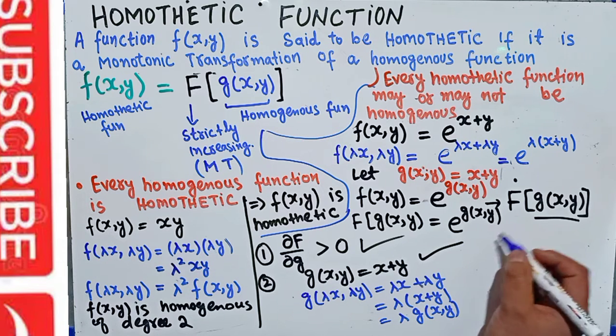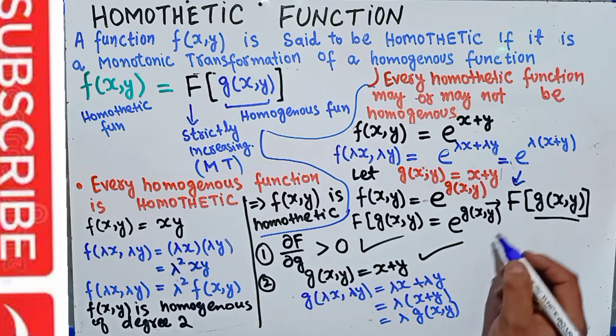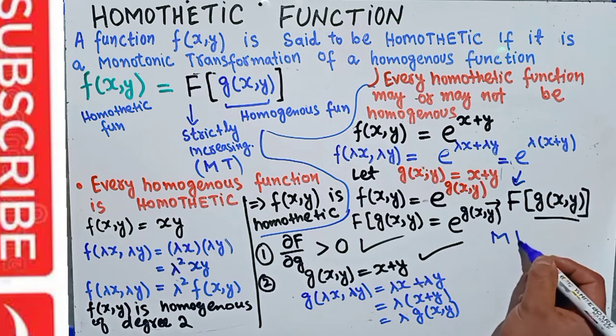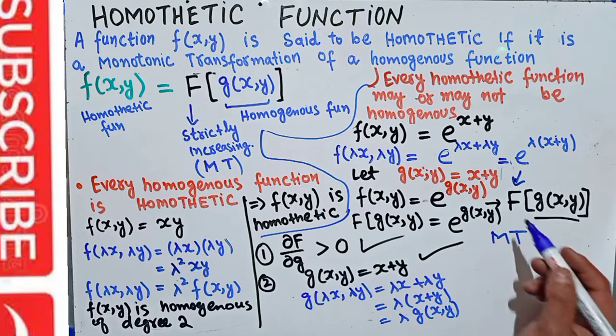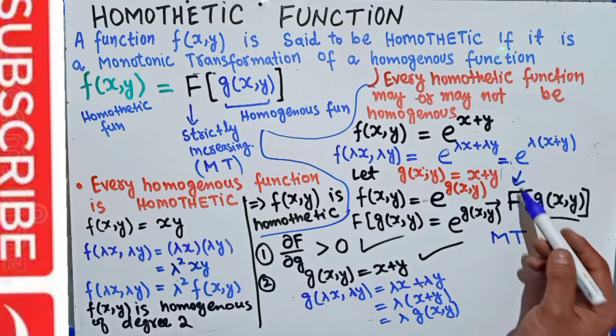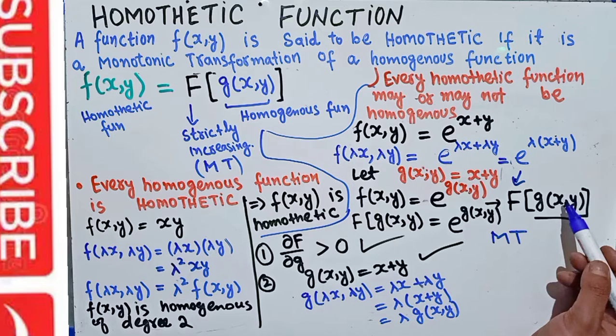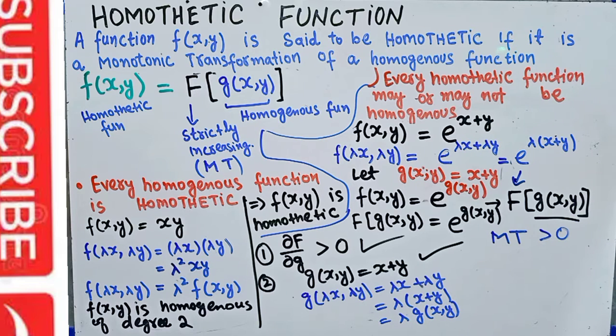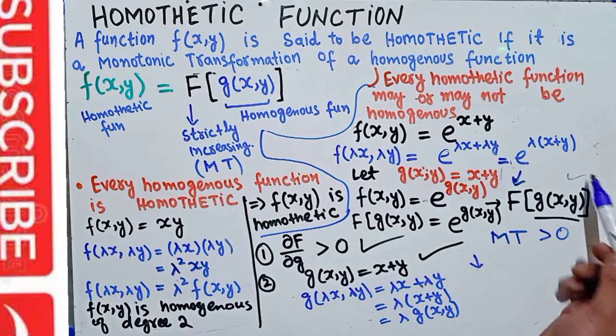First, this capital F should be a monotonic transform, a strictly increasing function, meaning the derivative of this function with respect to the homogeneous function should be greater than 0. And second, this g of xy should be homogeneous. If both conditions are met, then I can say that this function is homothetic.